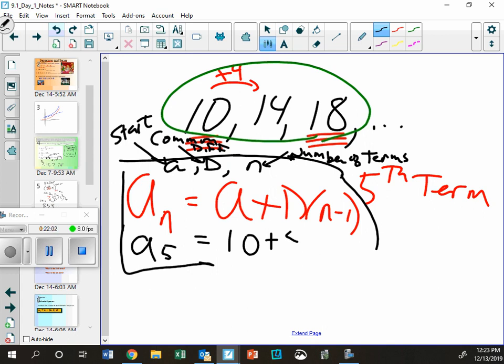I'm not saying you're wrong, I'm just asking. That's the difference each time. Okay, keep going. So this would be 4 times 4 is 16 plus 10 is 26. He's right. And that is the formula.